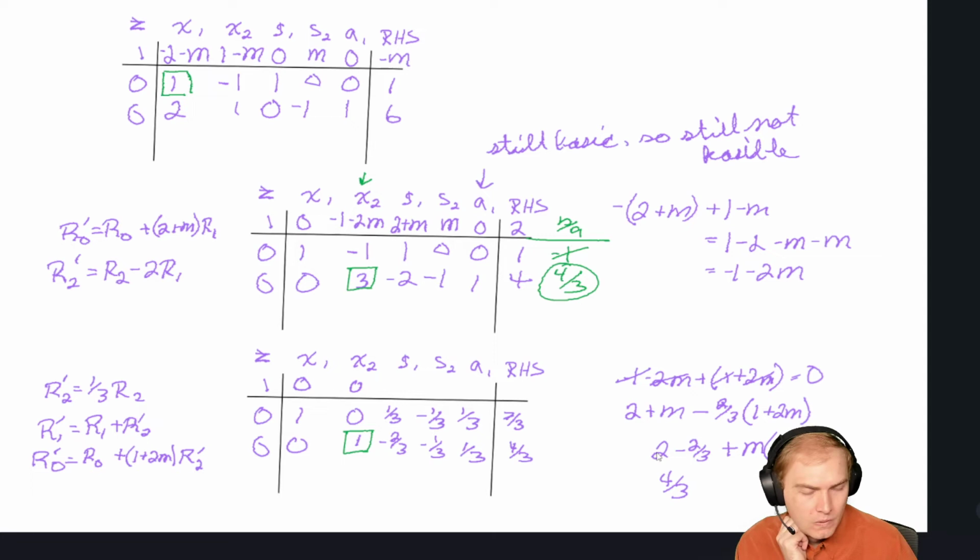Yep. 2 is 6/3 minus 2 is 4/3. So minus 1 minus 4/3 is negative 1/3 m.